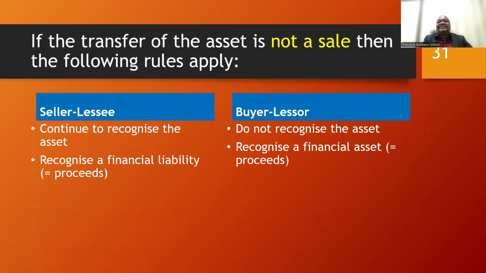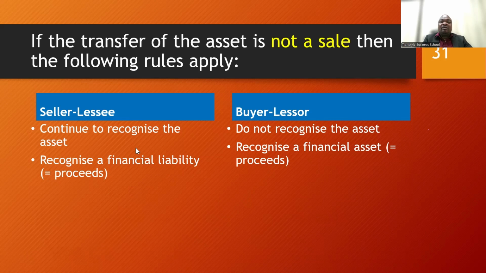If the transfer of the asset is not a sale, then the following rules apply. Seller, lessee. If there was no sale, the seller, who is now the lessee, should continue to recognize the asset, and should then recognize a financial liability if he obtains any money.